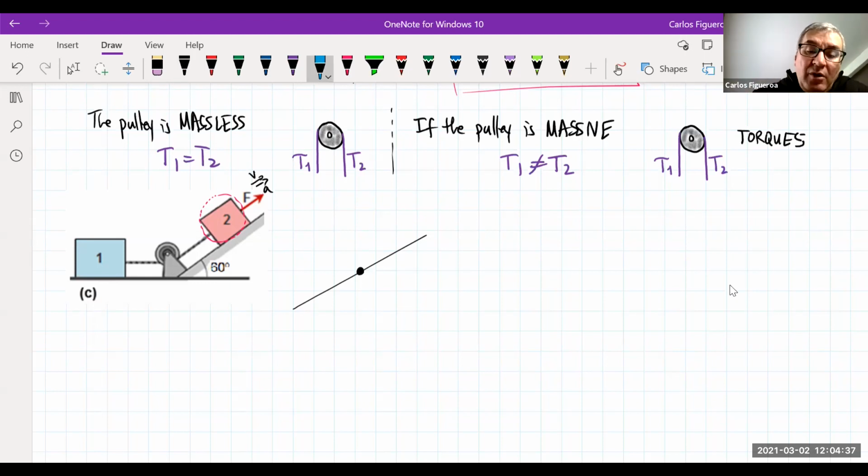So here's what I do know. I know that this is going to be the normal of 2. I know that the force of gravity always acts straight down. And you can see here that there's a tension force.